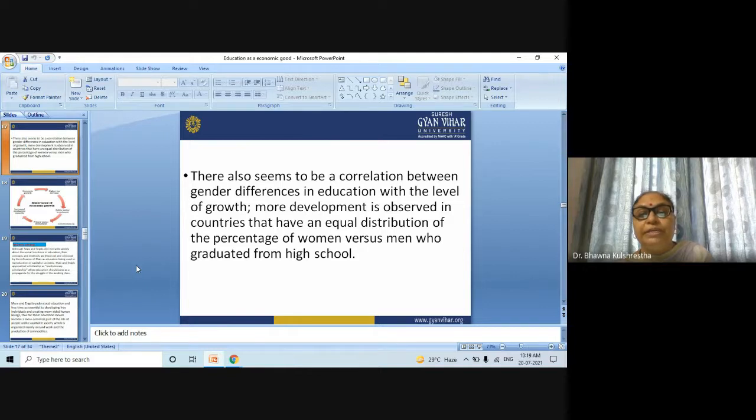More development is observed in countries that have an equal distribution of the percentage of women versus men who graduated from high school.